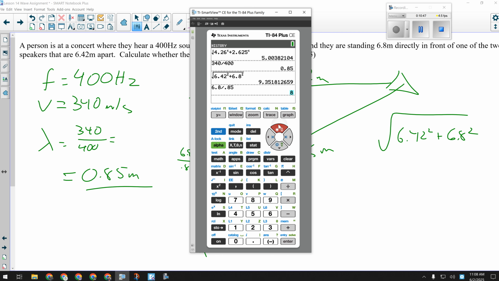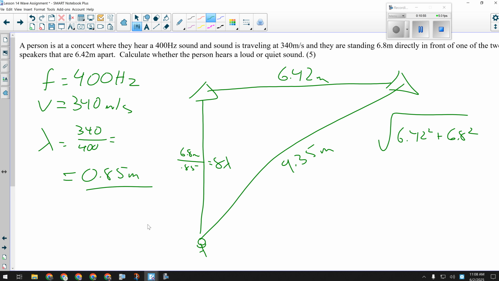Then we'll take this number here and divide it by 0.85. That's 11. 11 minus 8 is 3 wavelengths. Whole number, loud or quiet? Loud, yeah. It's not a 0.5. If it's anything other than 0.5, then you're looking at constructive interference. They're meeting in phase. Questions on any of those?